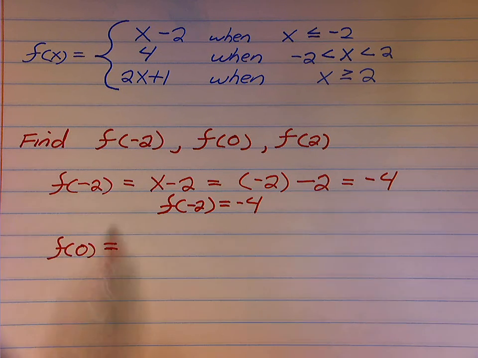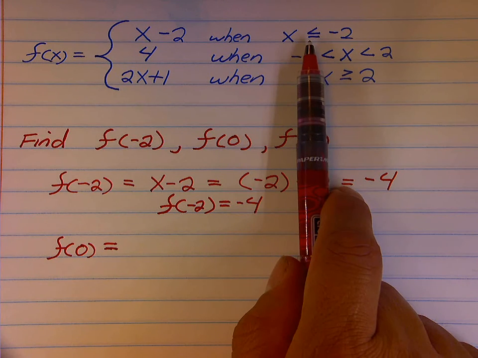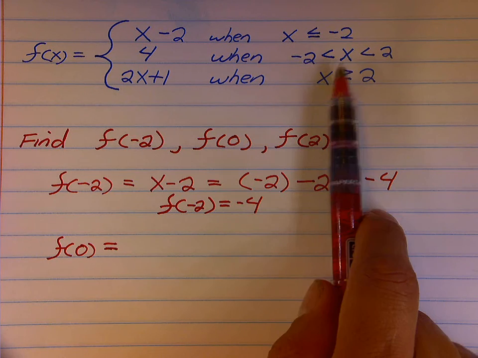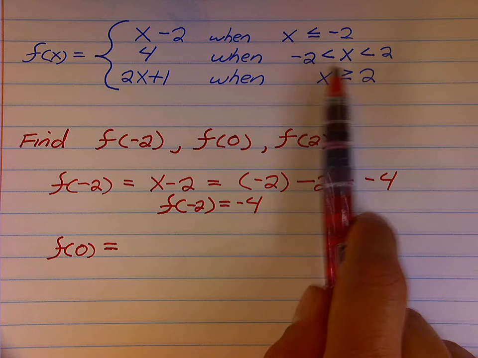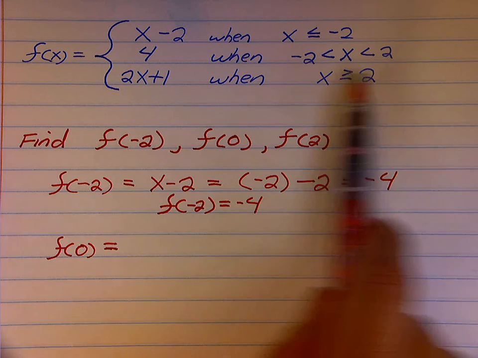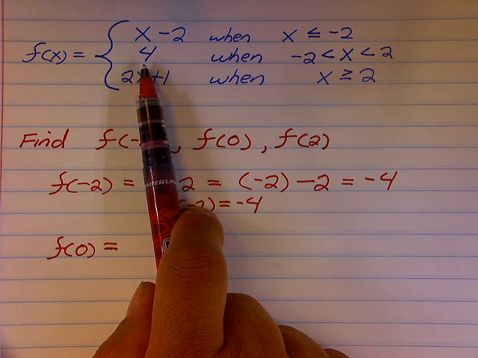Now with f of 0. First thing I have to determine is which piece of this formula I'm allowed to use. I'm not allowed to use this piece because 0 is not less than negative 2 and it doesn't equal negative 2. However, 0 is in between negative 2 and positive 2, so I'm allowed to use this piece and only this piece.